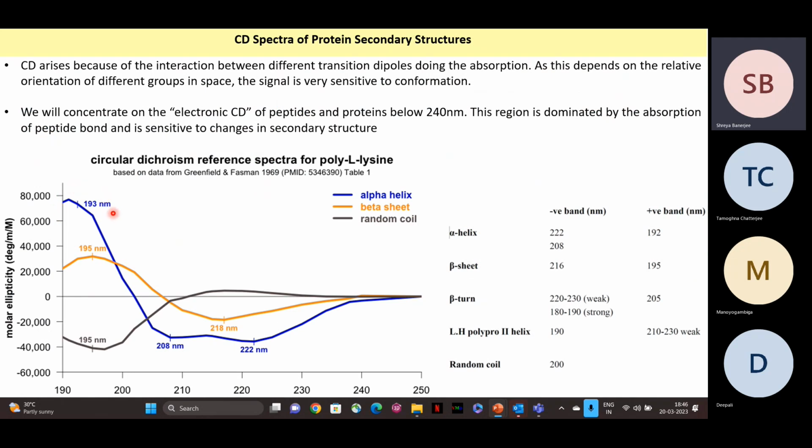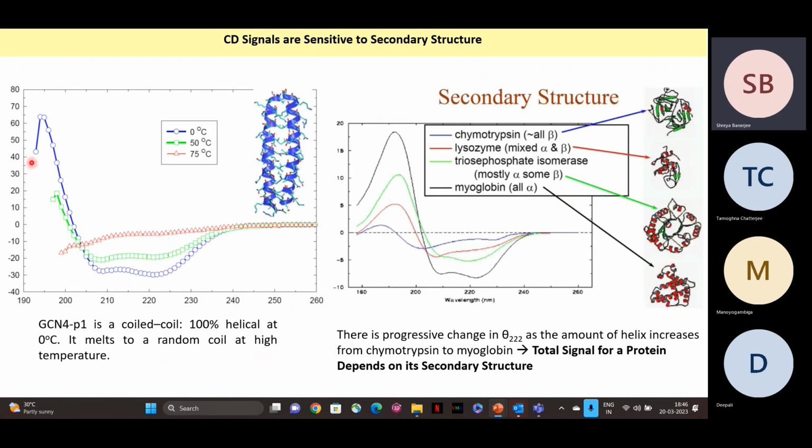There will be a peak at 193 nanometer and two negative peaks at 208 and 222. So clearly at 0°C, this helical secondary structure is maintained.